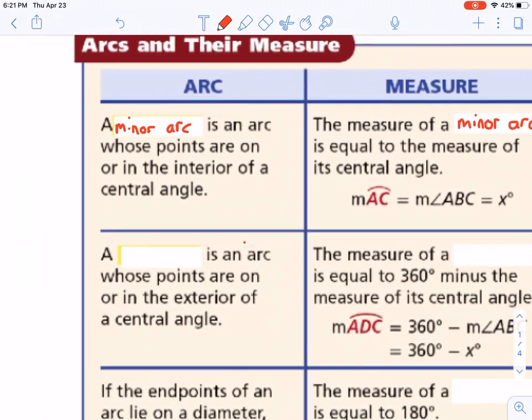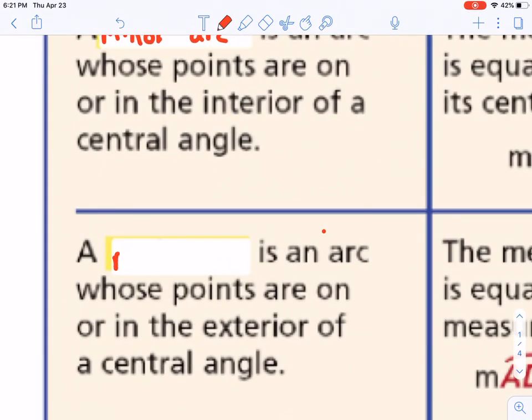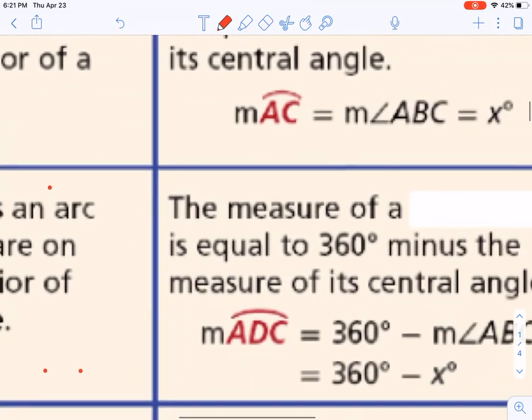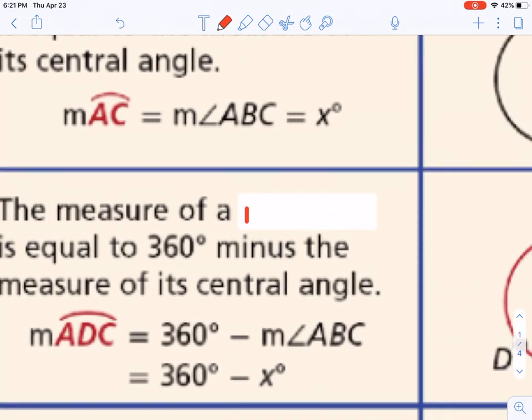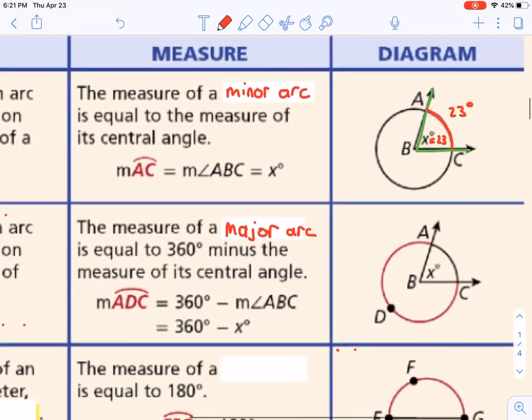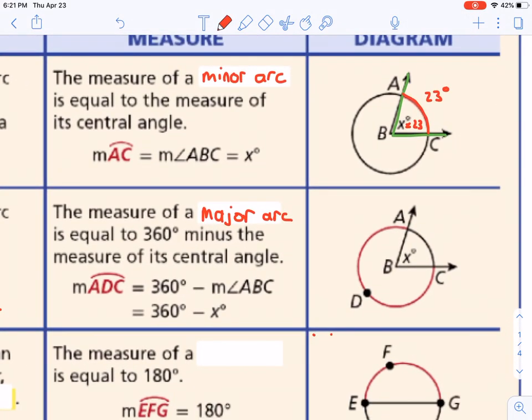Next, we'll go to a major arc. I always like to think of a major arc as going the long way around, and I'll show you what I mean in a minute. So to find the measure of the major arc, you take 360 degrees and you subtract out the central angle.